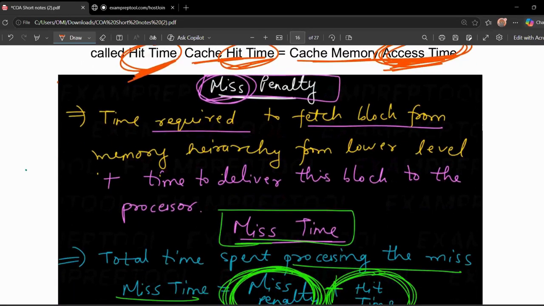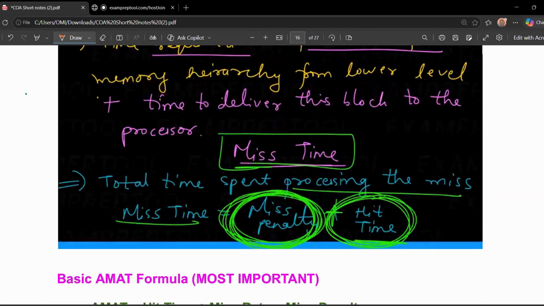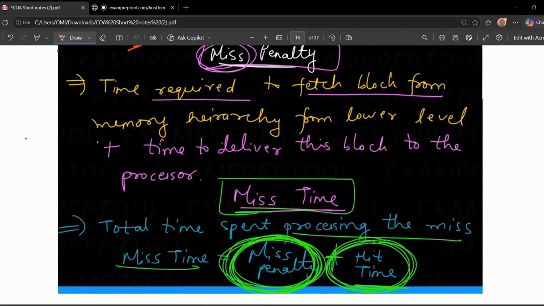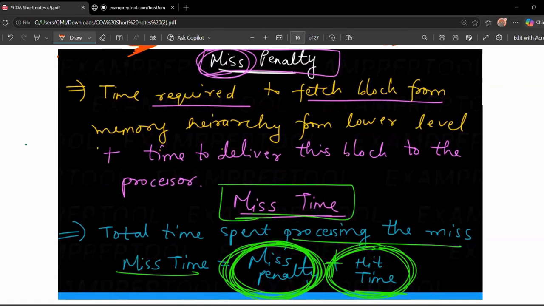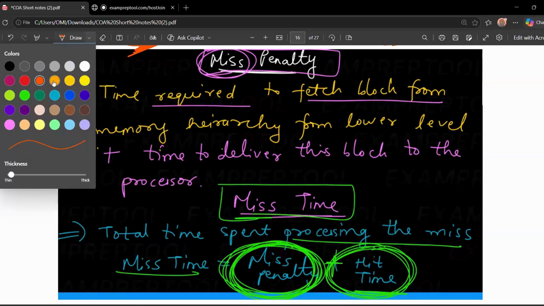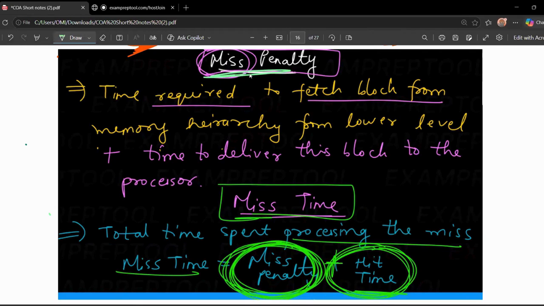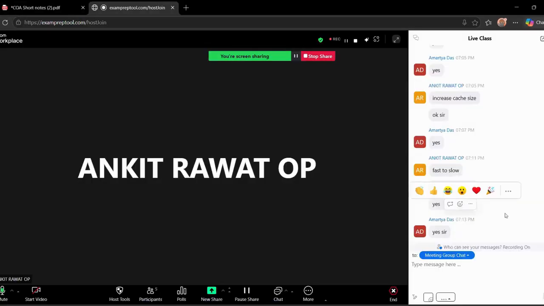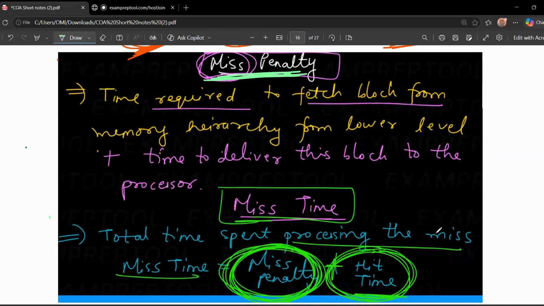Now see this picture. First thing, what is the miss penalty? Now we'll see something related to miss.